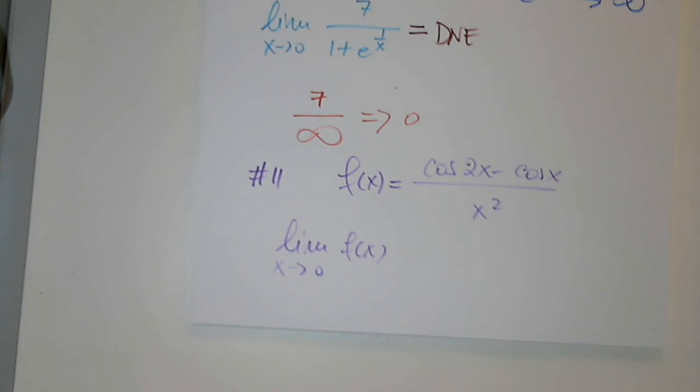There's no need. So you are asked to evaluate this function. If you plug in 0, you're not going to get anything because it's 1 minus 1 over 0, right? But there is hope, right?